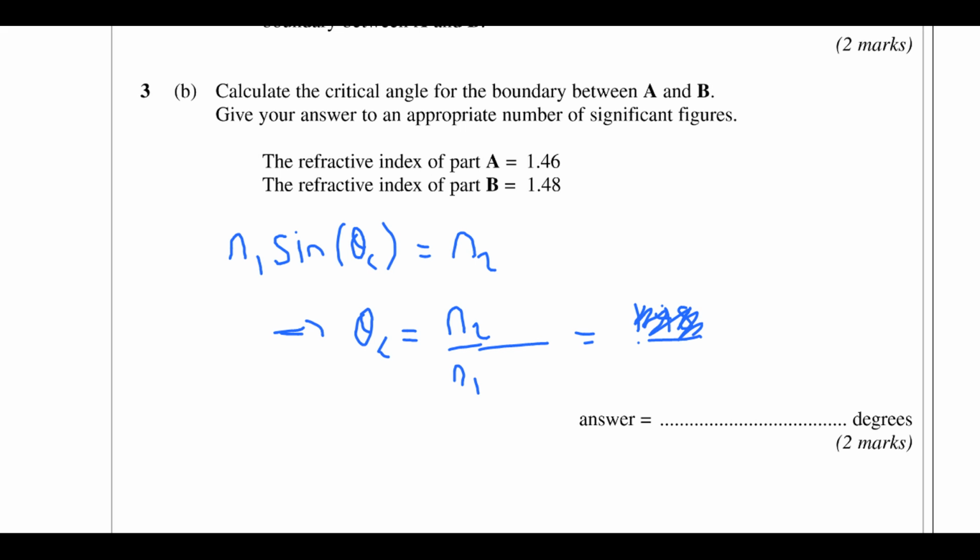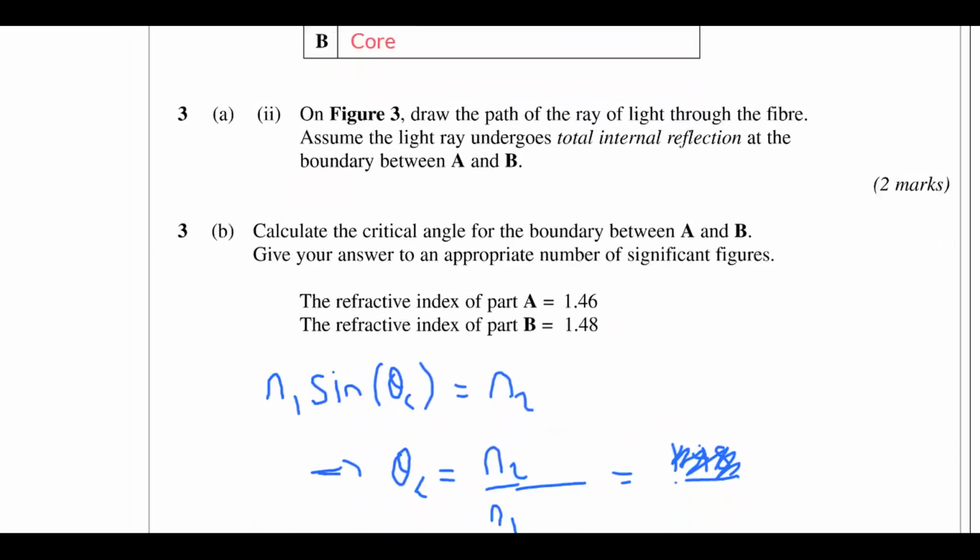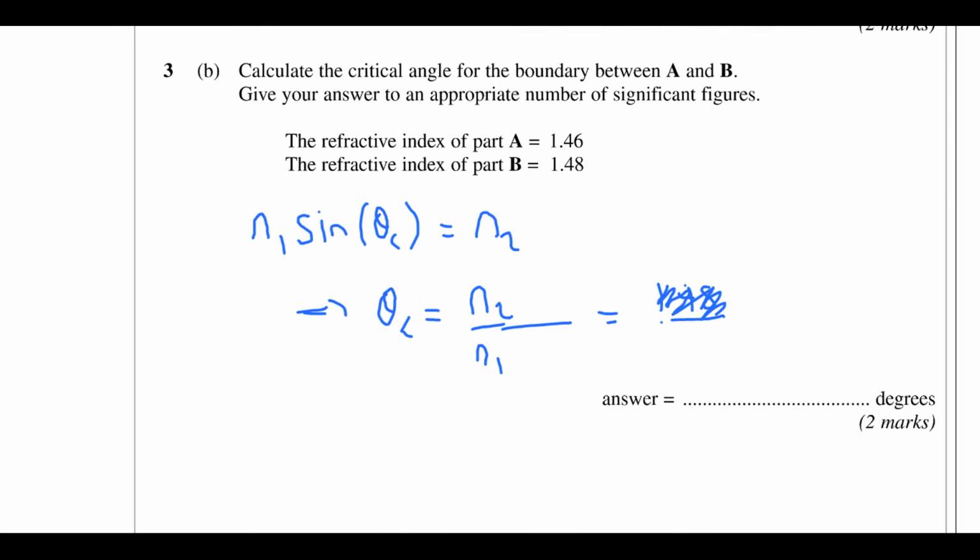No, it isn't. This is inside. So it's going from, if we look at the diagram, where's it going from? Going from B into A. So N2 is 1.46, N1 is 1.48, because going from B into A. And then we want to take the inverse sine of that to calculate it.